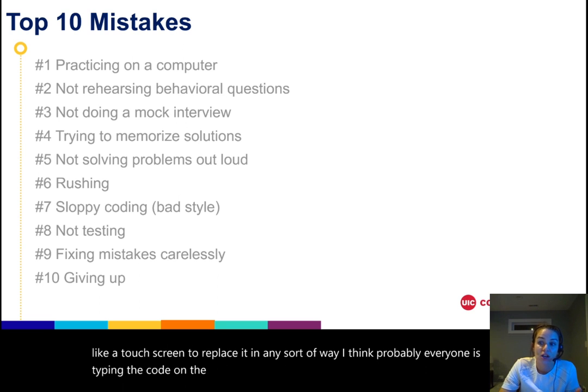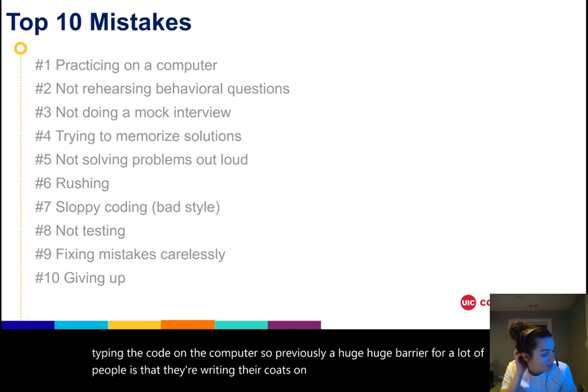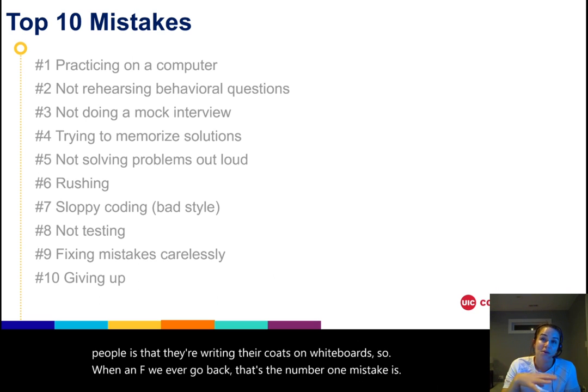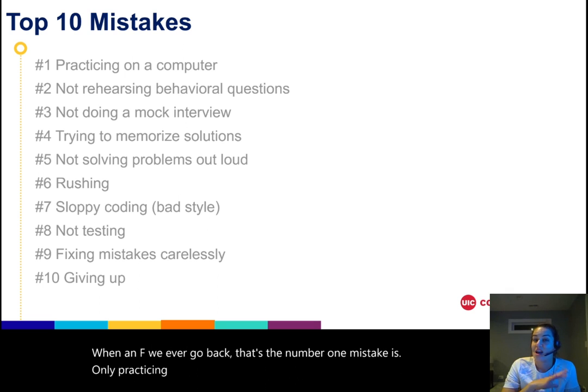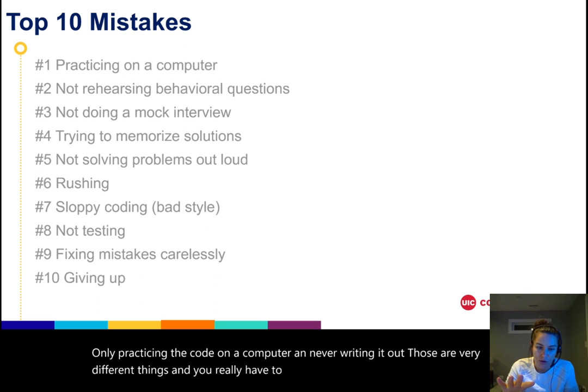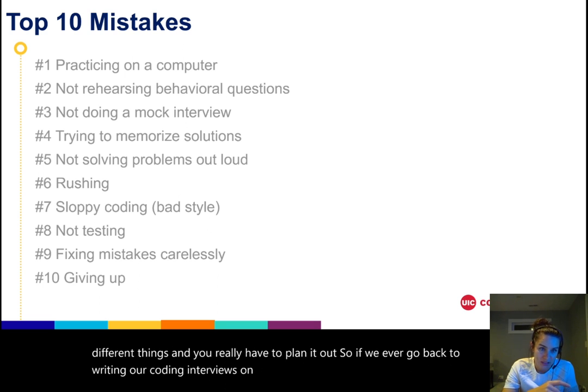So previously, a huge barrier for a lot of people is that they're writing their code on whiteboards. So when and if we ever go back, that's the number one mistake: only practicing to code on a computer and never writing it out. Those are very different things, and you really have to plan it out. So if we ever go back to writing our coding interviews on whiteboards, make sure you practice that.